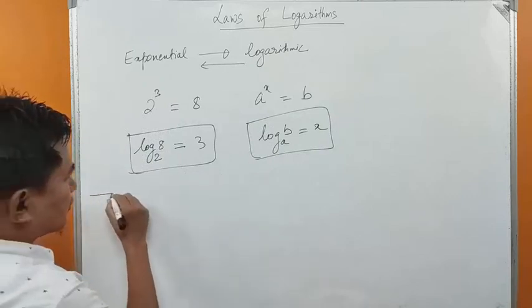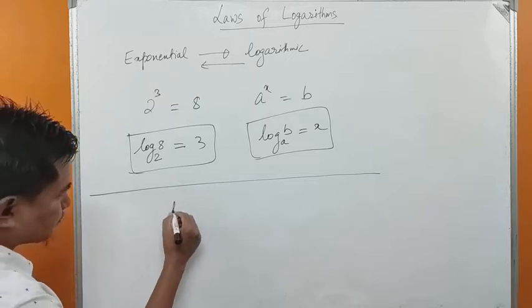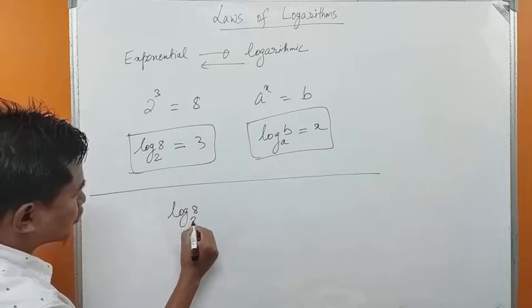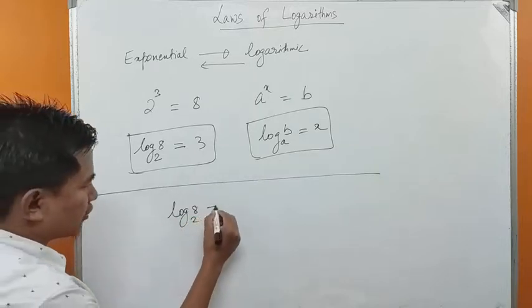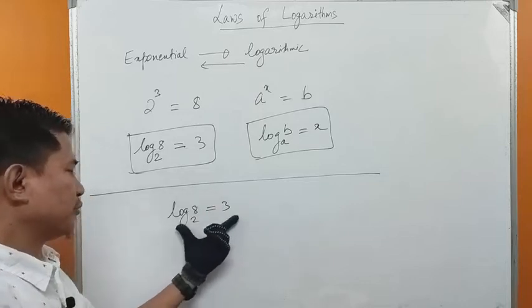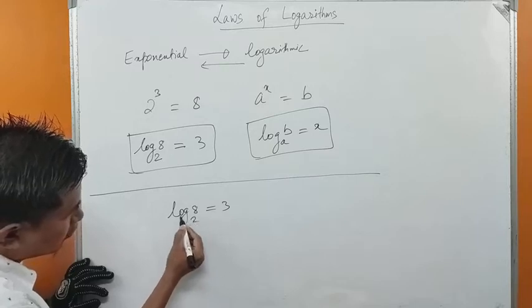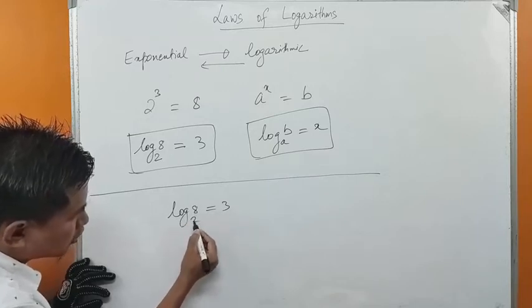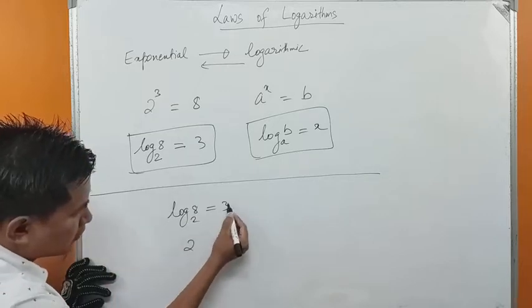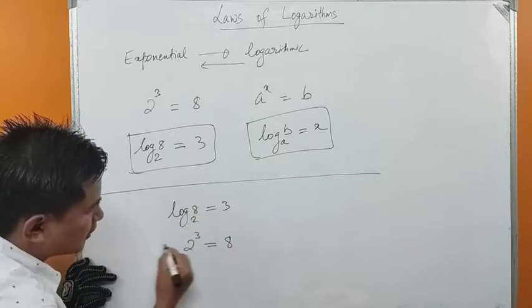Now let us learn to convert a logarithmic equation to exponential form. Suppose we have log 8 to the base 2 equals 3. This is a logarithmic equation, so let us convert this into exponential form. The base is 2, so we write 2 here as base, and this 3 comes here as power, equals this 8 goes to the right hand side.